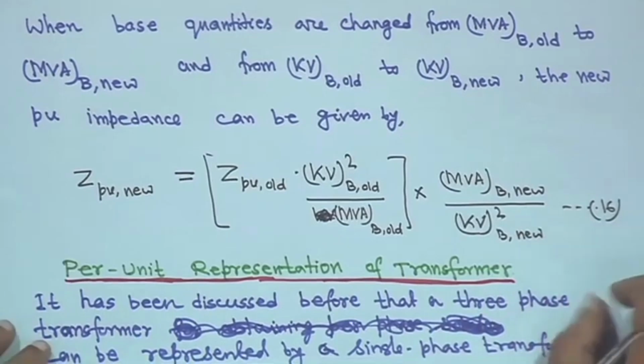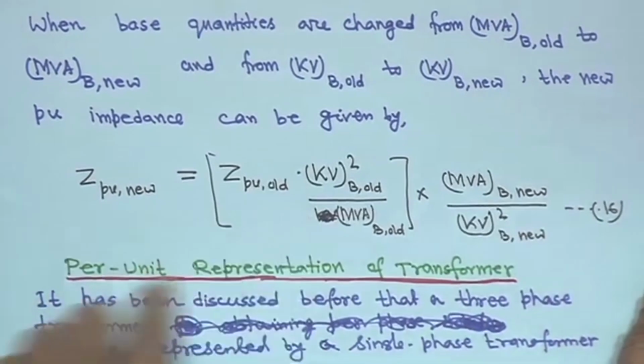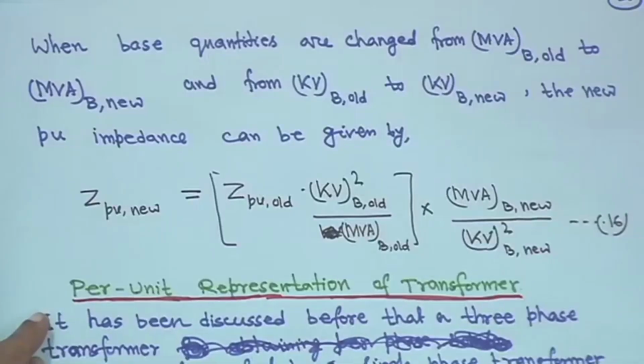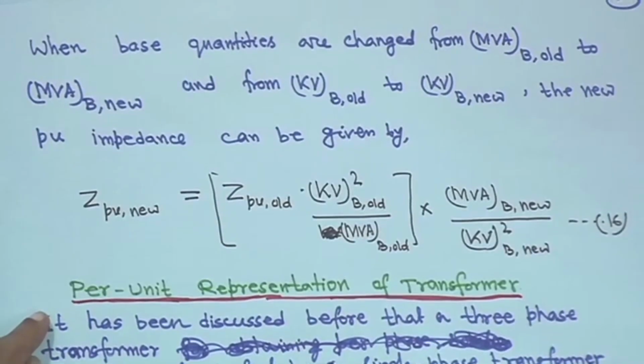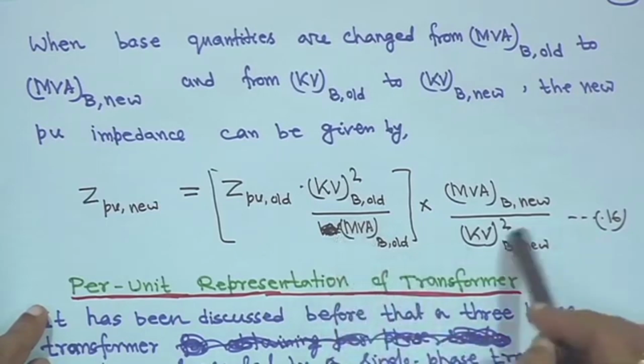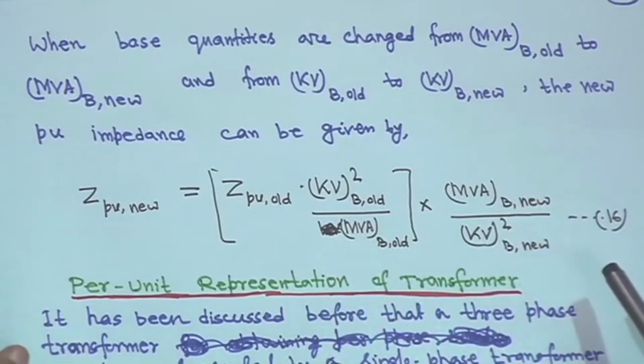This is equation 16. Actually, no need to remember anything, no need to put it in your memory: just convert the old impedance, the corresponding base is given for that, so you can compute this part, and divide by the new base impedance, right.